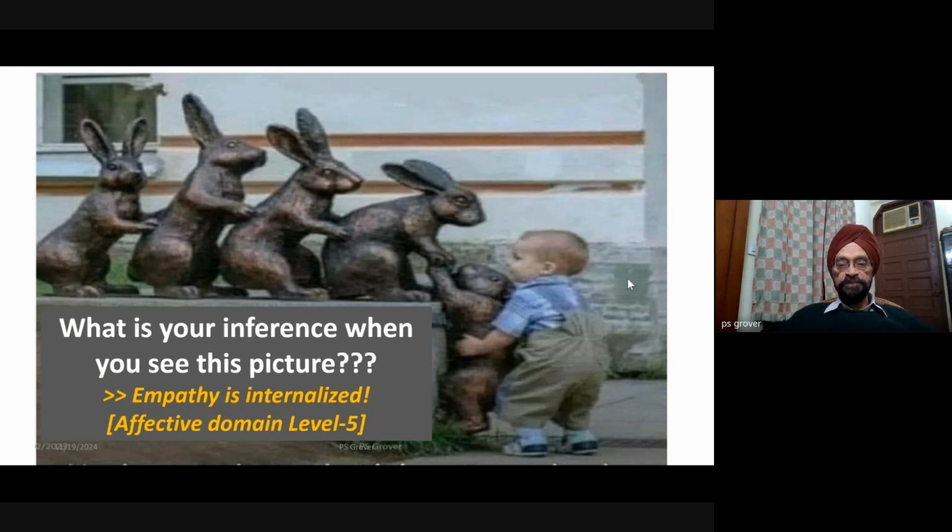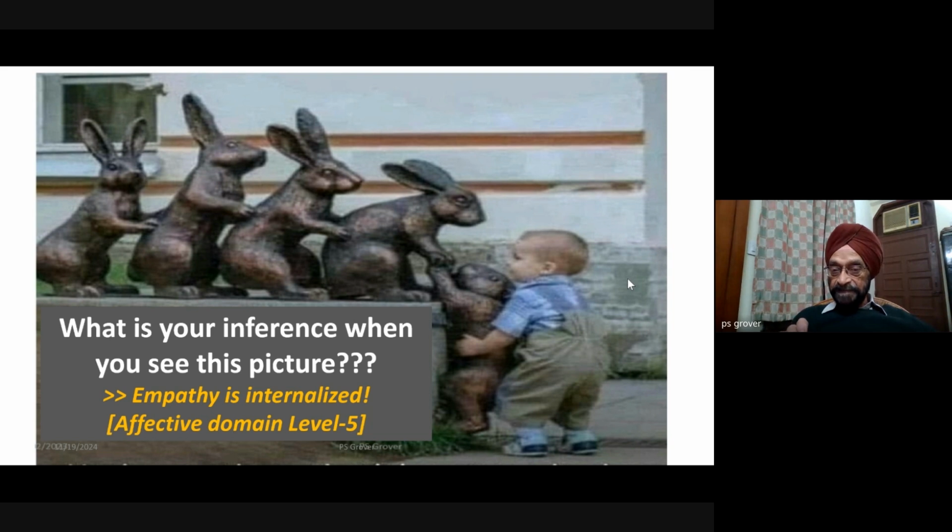And kindly see this slide. This is an excellent example. This child has affection, respect, helping attitude, which nature has built into him. And that he is reflecting, because he doesn't know that's a bronze statue.